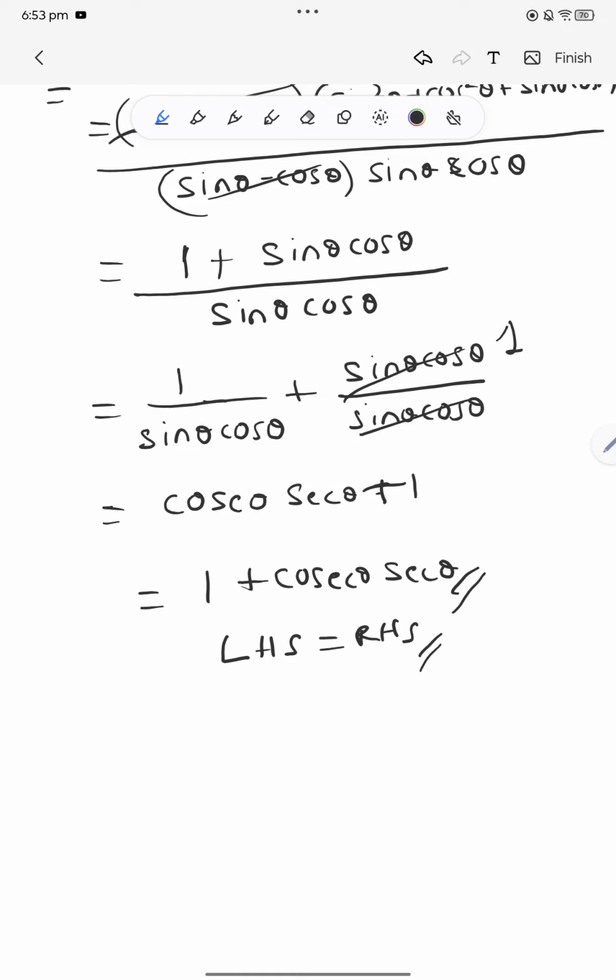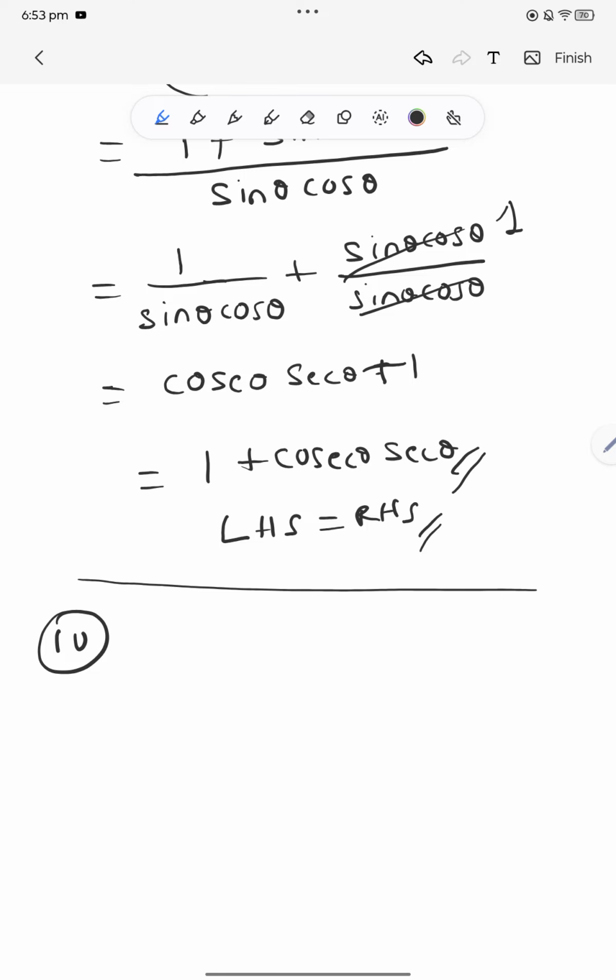We will solve a few more questions. Fourth one: (1 + secant A) divided by secant A is equal to sin square A divided by (1 minus cos A).